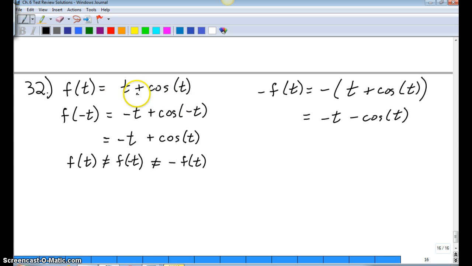Here's f of t, clearly not the same as negative t. And f of t is not equal to negative f of t. So because none of these, f of t, f of negative t, and negative f of t, I know it's confusing, but none of these three are equal. So our answer is we are neither even nor odd.